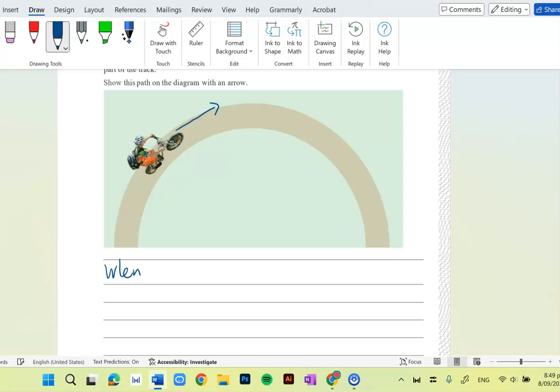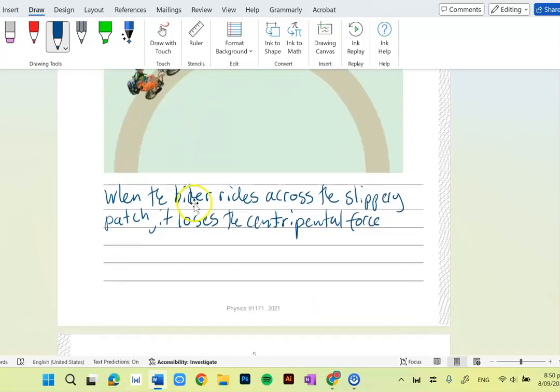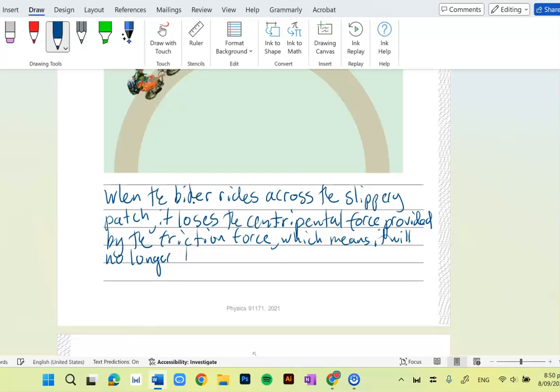When the biker rides across or over the slippery patch, it loses the centripetal force provided by the friction force, which means it will no longer travel in a circle.